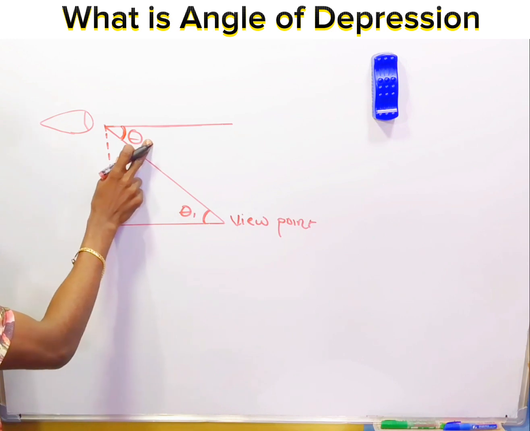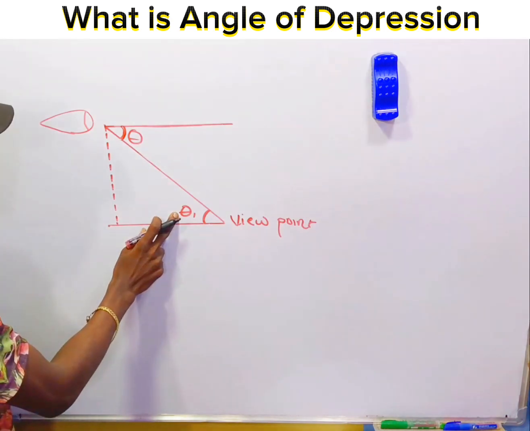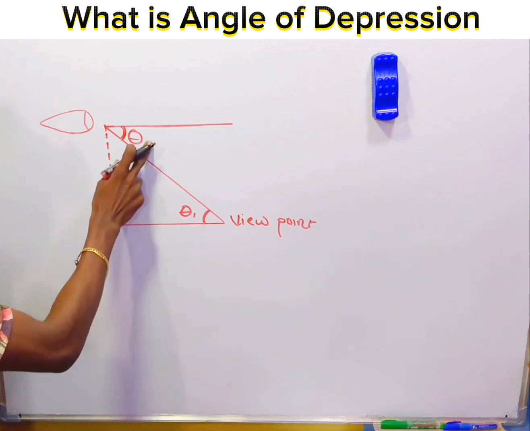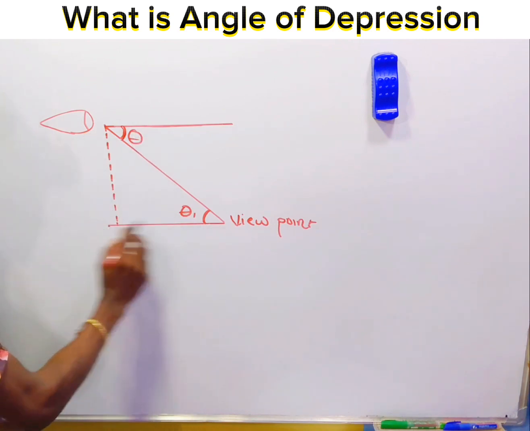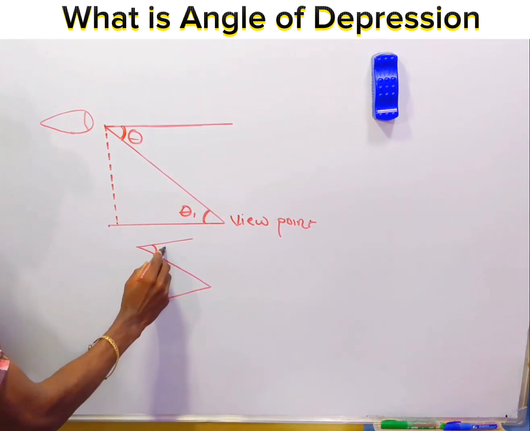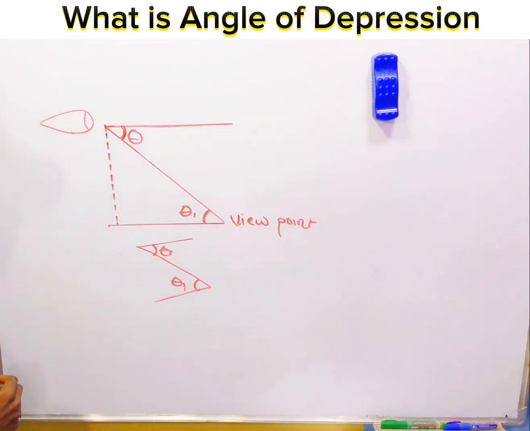So this angle theta is referred to as an angle of depression, whereas theta 1 is also the angle of depression using the alternate angles. Alternate angle, the angle formed in a Z shape. Angle theta is equal to angle theta 1, the alternate angle.